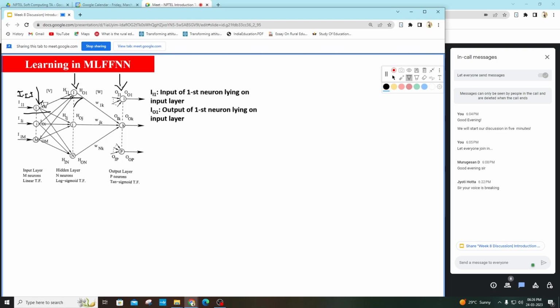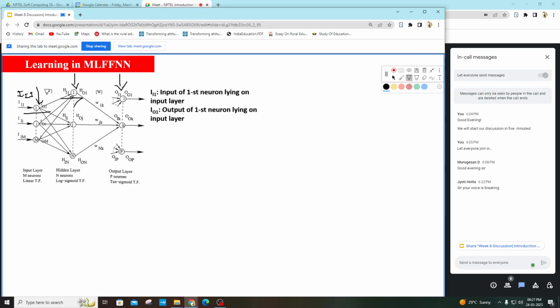So we are attaching this IO1 with HI1, similarly HIj, similarly HIn. We are giving the output of the first neuron of the input layer to all the neurons of the hidden layer. Now how much we give, we decide by some weights.